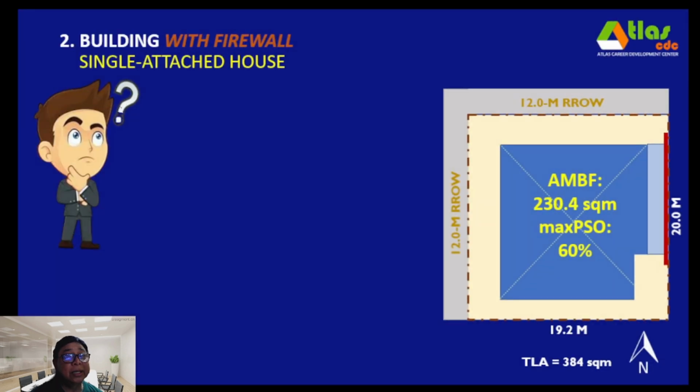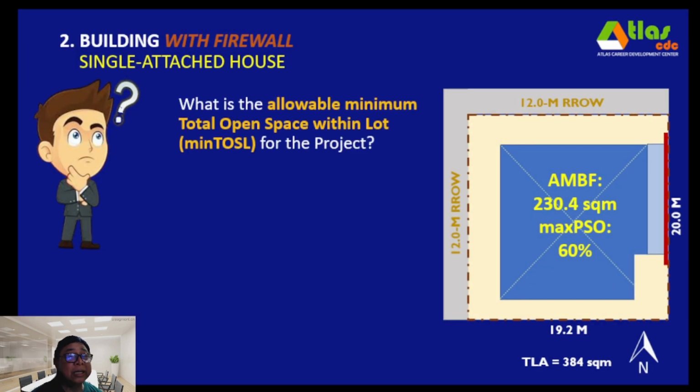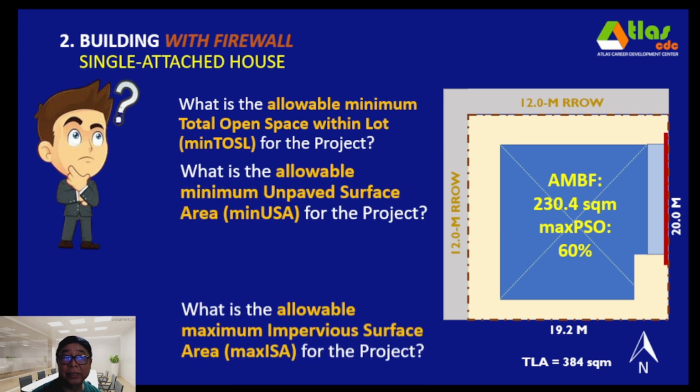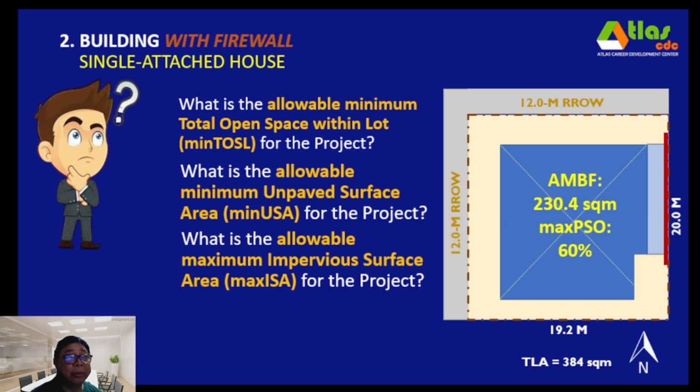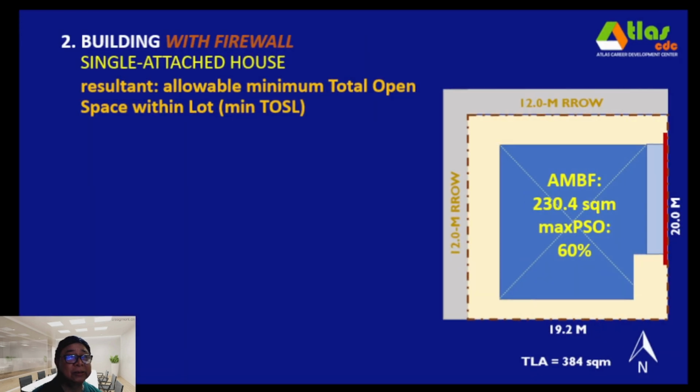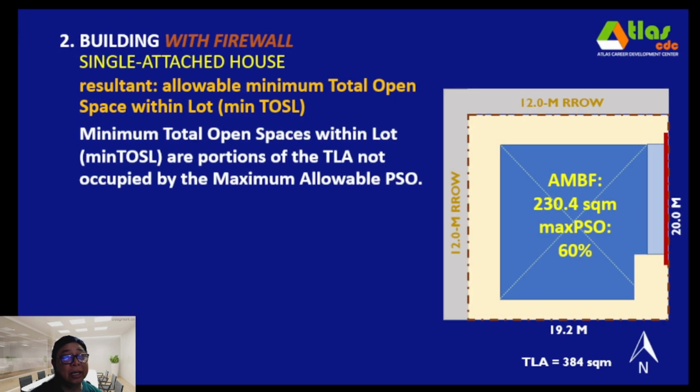So the next that we're going to determine is the allowable minimum total open space, within that, our allowable minimum unpaved surface area, allowable maximum impervious surface area, as well as the maximum allowable construction area for a building with firewall or a single attached house. Again, we compute first the resultant, meaning the open space.